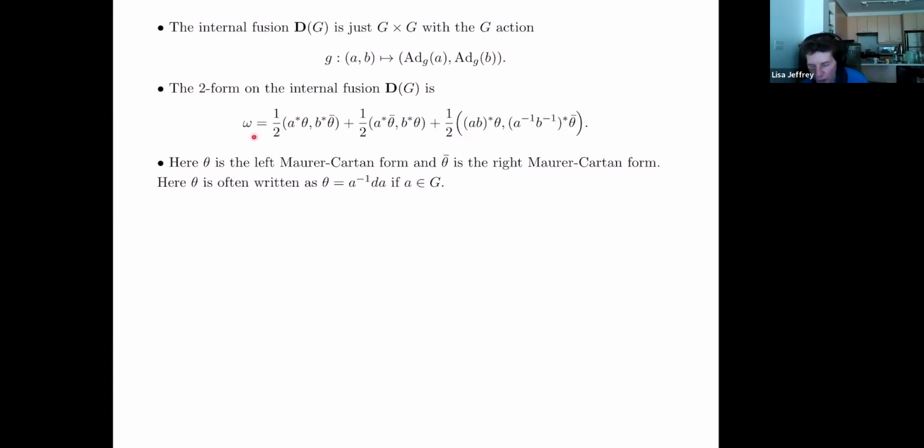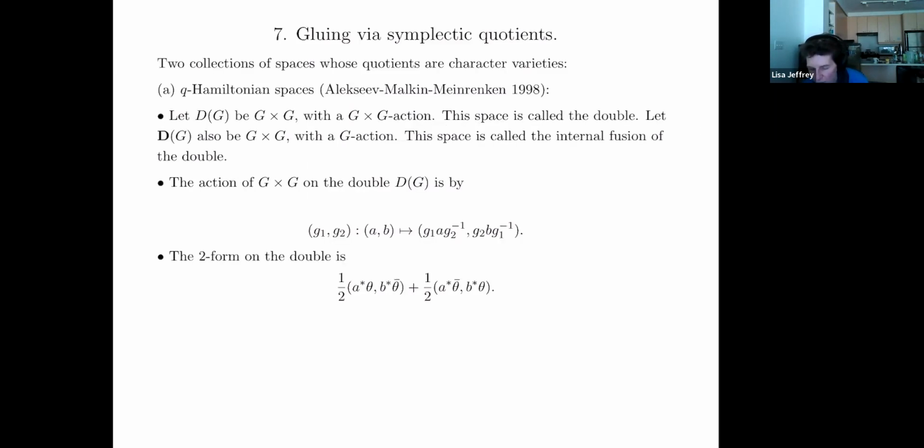So the two form on the internal fusion is basically the wedge product of the Maurer-Cartan forms, left and right, pulled back by A and B. These are their notation for the double. They wrote the two forms as A and B.